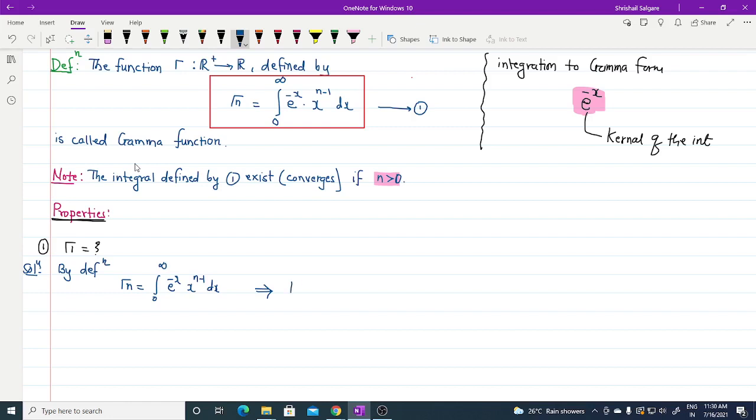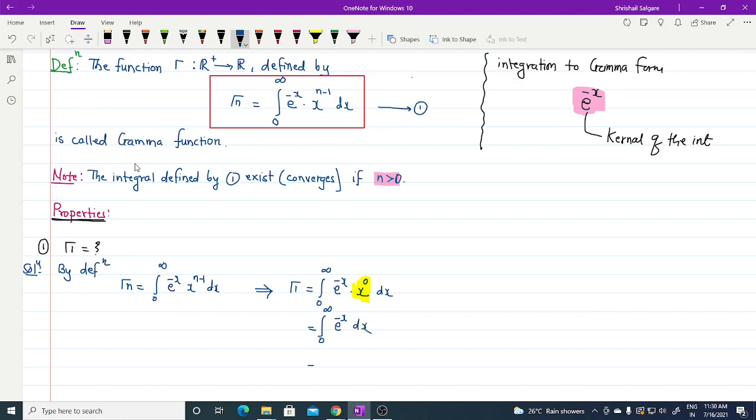So gamma 1 is equal to the integral 0 to infinity e raised to minus x, x raised to 1 minus 1, that is 0, dx. Can you tell what is the value of x raised to 0? Yes, anything raised to 0 is 1, so it is not necessary to write this term. So this can be written as dx.